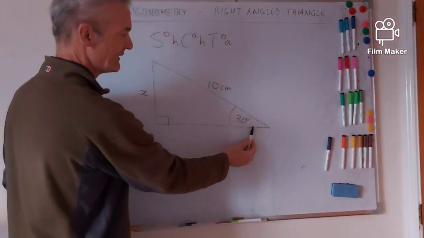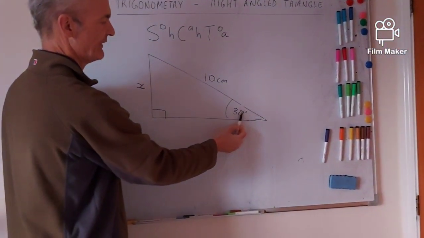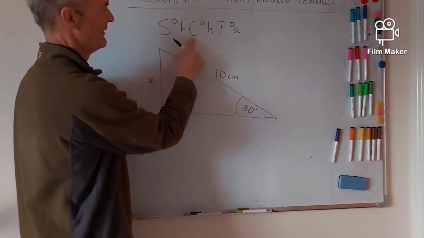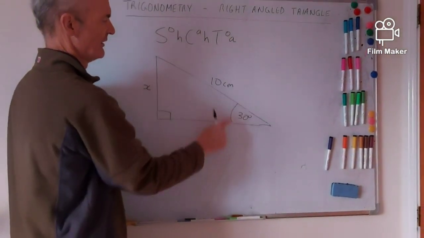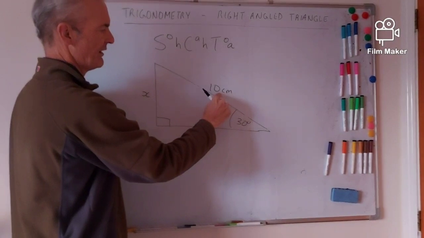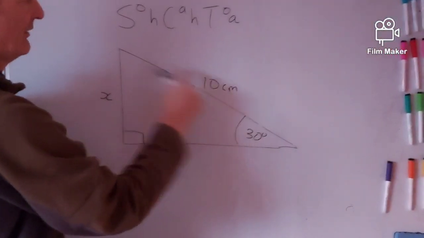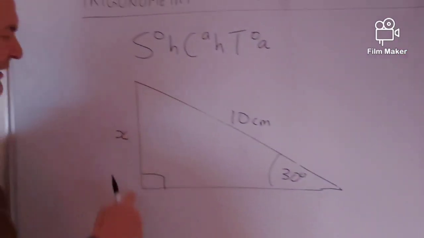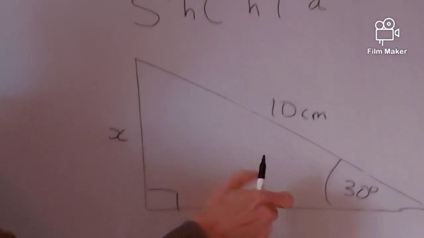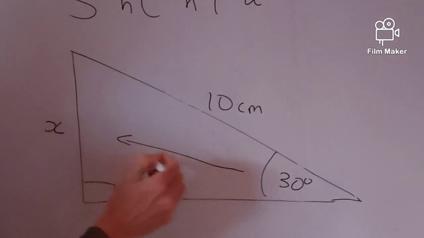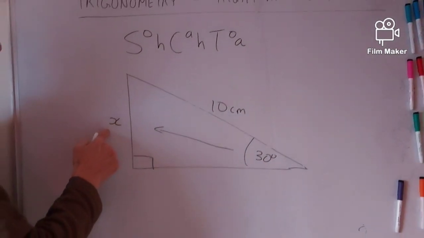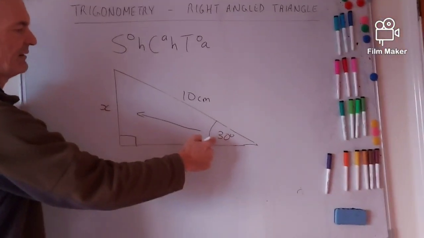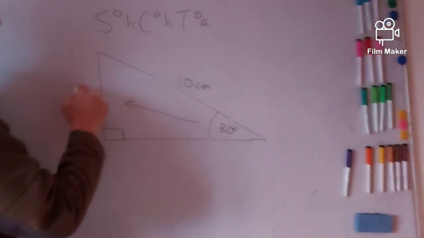Okay, so we've got an angle. We're given the angle 30 degrees. So that could be a sine, a cosine, or a tangent. We're given the hypotenuse, the longest side. So that's an H. And we want to find the bit opposite the angle. So we've got an angle, a hypotenuse, and an opposite.